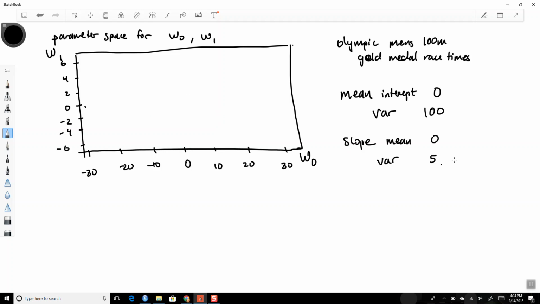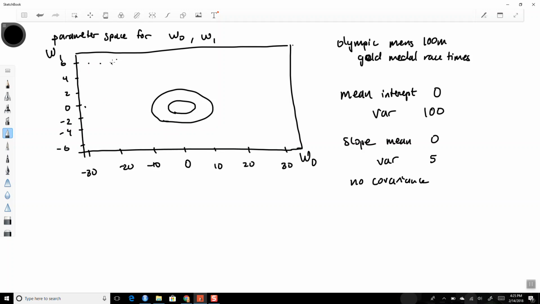Okay, and we will start off with no covariance, because we have no idea really what it's going to be. So we're going to start off with this very broad prior. This is the contour plot, but when I plot it in R, basically the way that R works is I'm going to create a bunch of points.